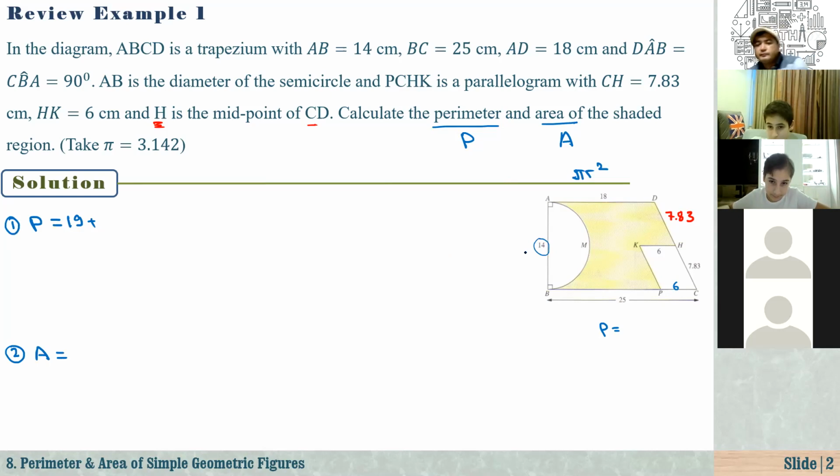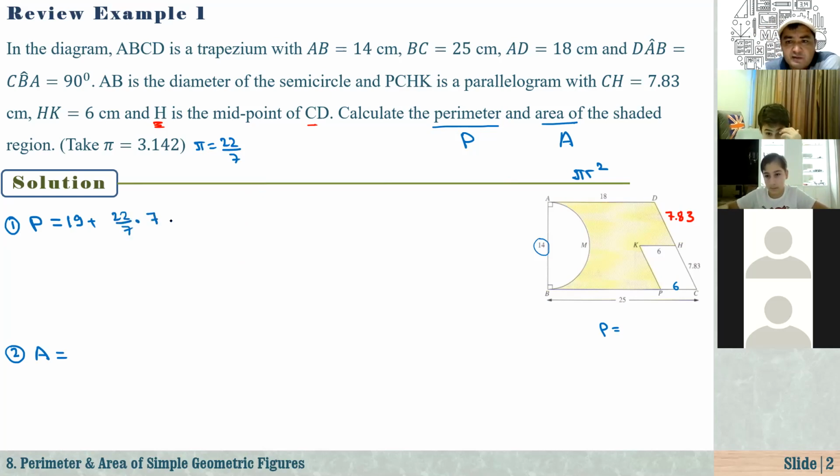That means its radius is 7. But instead of taking pi like this, let me just take pi as 22 over 7, which is 3.142. So 19, and the length of this semicircle is pi, that is 22 over 7 times r.